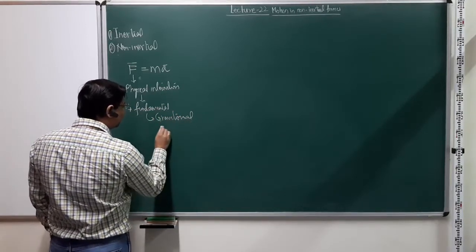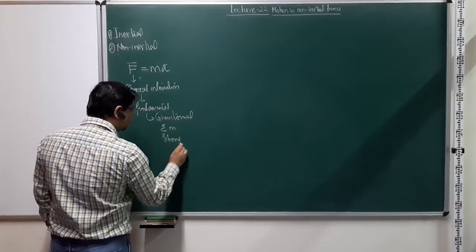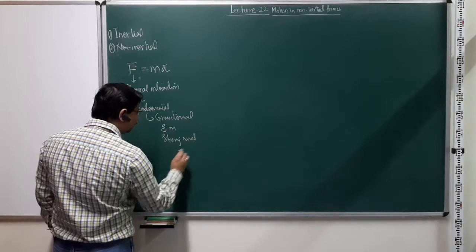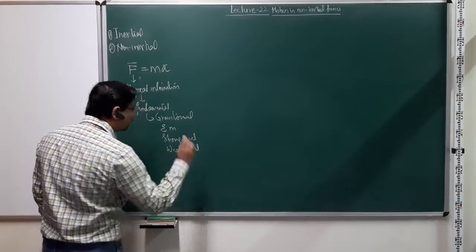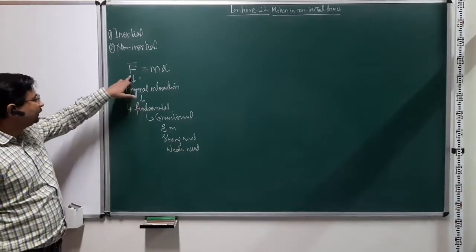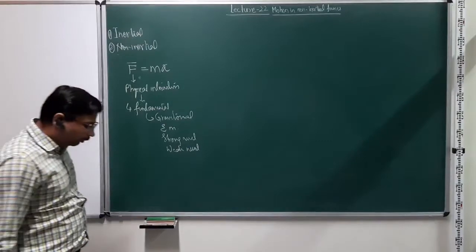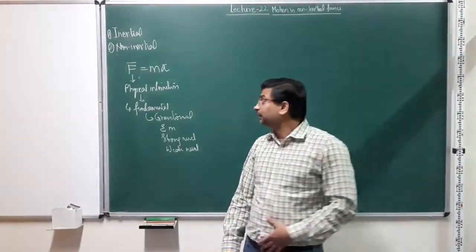So gravitational, electromagnetic, strong nuclear, and weak nuclear. So these four fundamental interactions are the ones which form the total or part of this force in this equation.